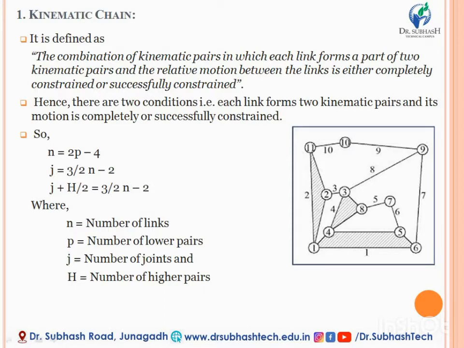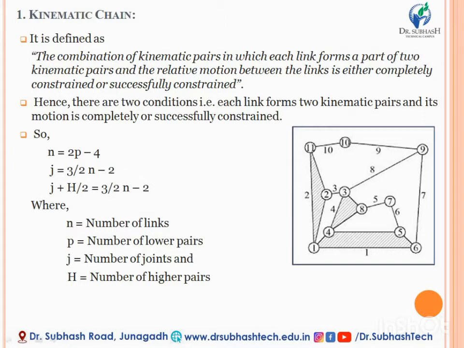That means if every link is connecting with two kinematic pairs, and the relative motion is either completely constrained or successfully constrained, then we can say that it is a kinematic chain.